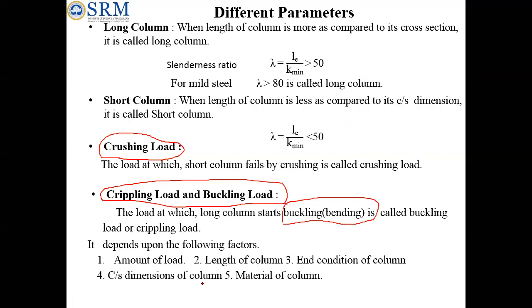Then what is the material? This will give us the E value. So the cross section gives us the I value, and the material gives E. The end condition gives us the effective length. These are generally the factors for the crippling load.